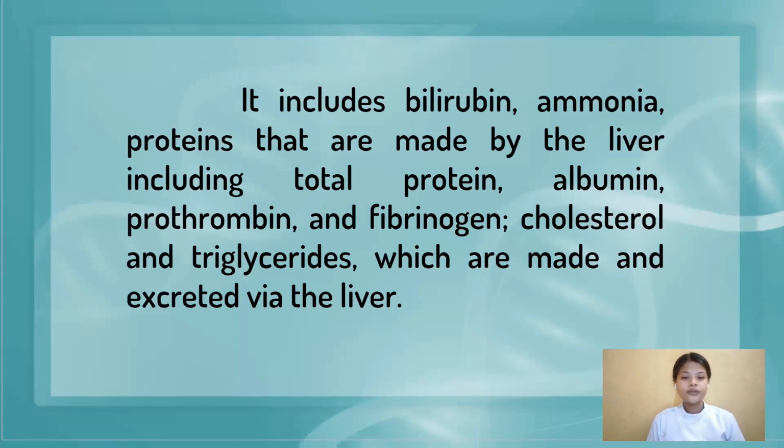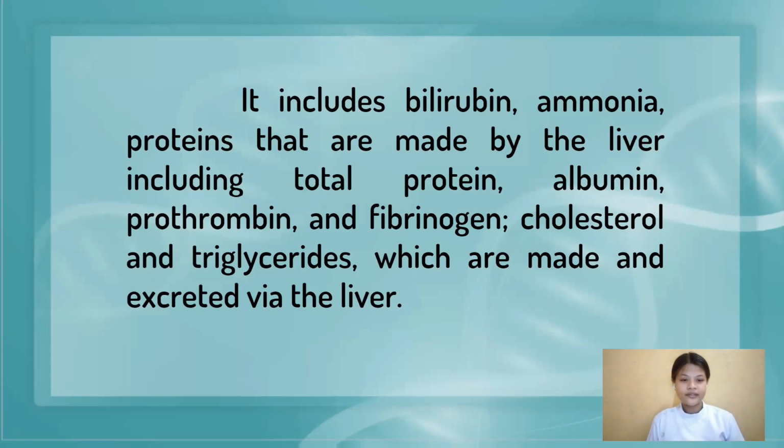Albumin, a protein made in the liver, and it helps in preventing fluid from leaking out of blood vessels. Prothrombin, a protein involved in blood clotting. And lastly, fibrinogen, a plasma protein that is produced in the liver and is converted into fibrin during blood clot formation.